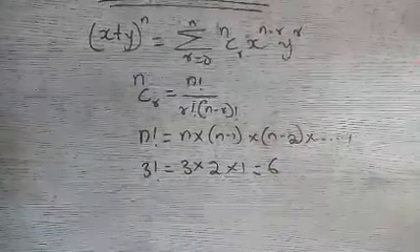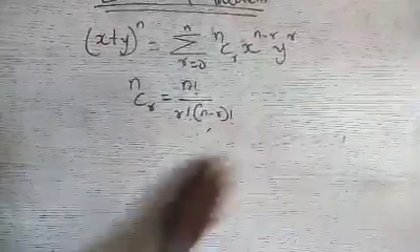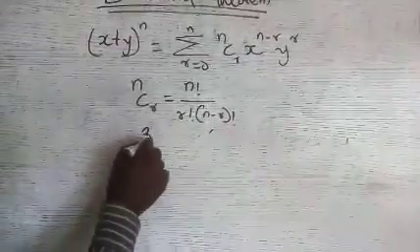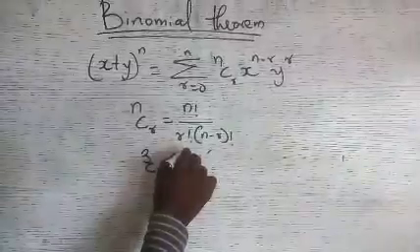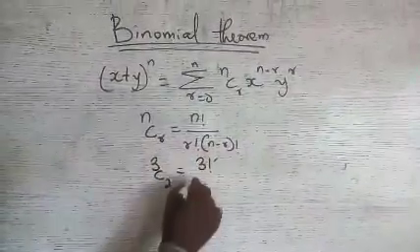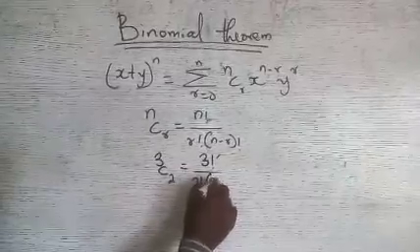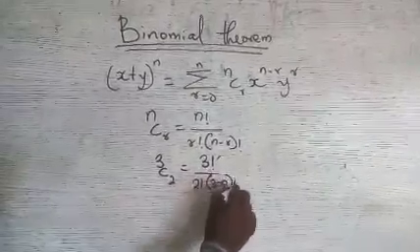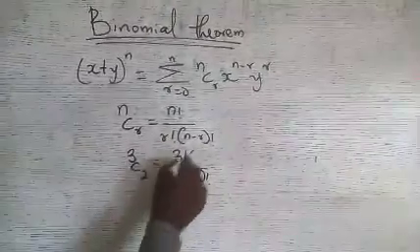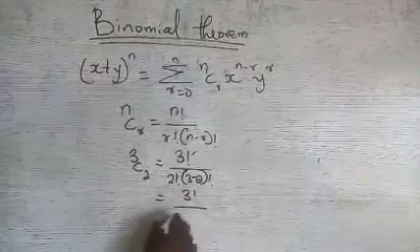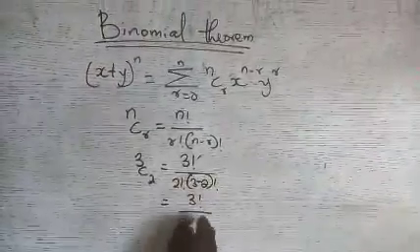Now, let's have a condition whereby we have 3 combination 2. How do we do that? That is going to be 3 factorial over 2 factorial multiplied by (3 minus 2) factorial. And this can be expressed as 3 factorial over 2 factorial times 1 factorial, since 3 minus 2 is 1.